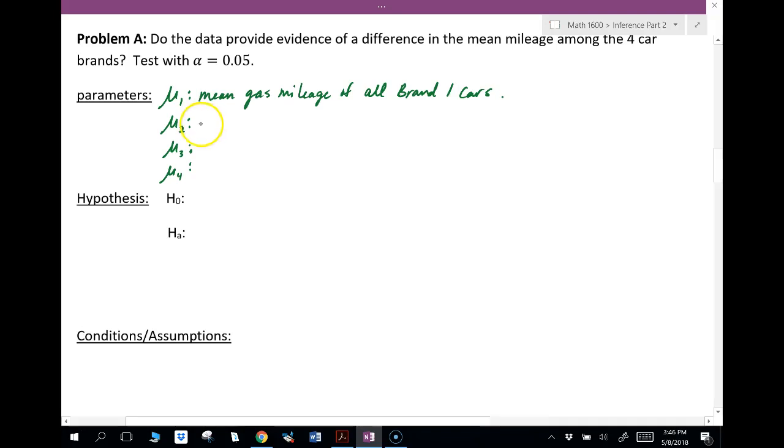What's mu2? Mean gas mileage of all brand 2 cars.